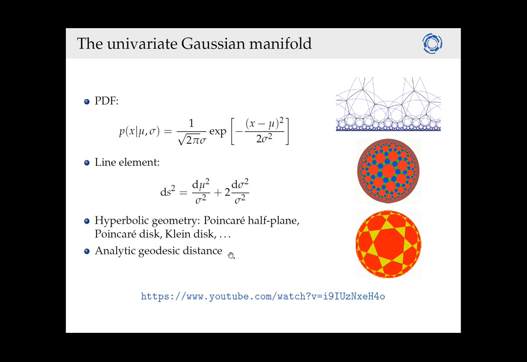So the great advantage of using a univariate Gaussian measurement model is that it's going to give you an analytic geodesic distance. So there's a closed form expression for the geodesic distance between two Gaussian distributions. And I also still want to mention this YouTube video, which also gives some nice visualizations of the hyperbolic geometry.